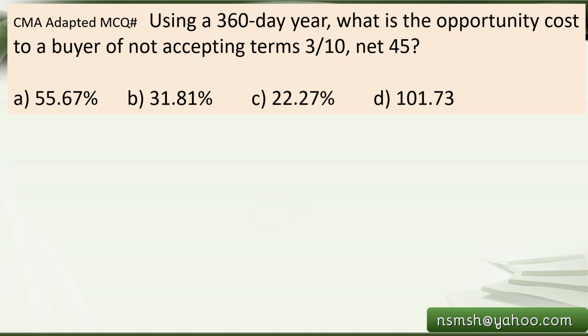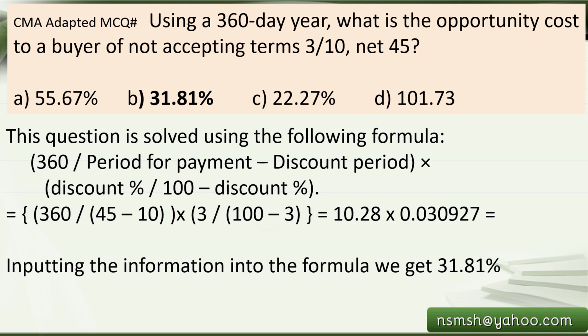Next question: using a 360-day year, what is the opportunity cost to a buyer of not accepting the terms such that there is a 3% discount if the payment is made within 10 days, if not then net within 45 days that they have to pay. For calculating this, we have this formula to be used.